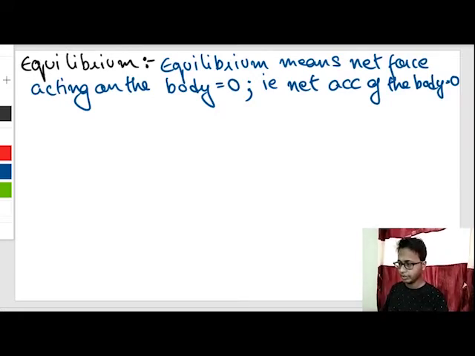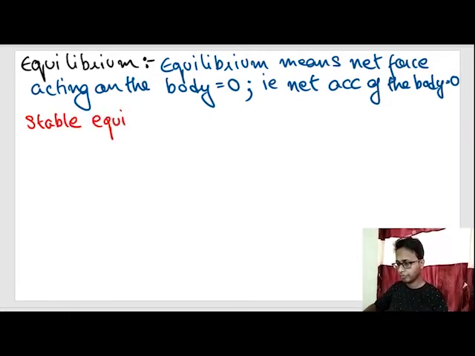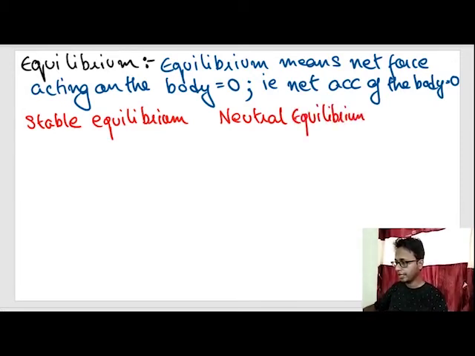Basically, equilibrium is divided into 3 categories: stable equilibrium, neutral equilibrium, and unstable equilibrium.